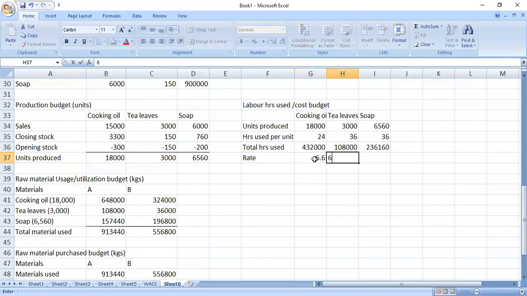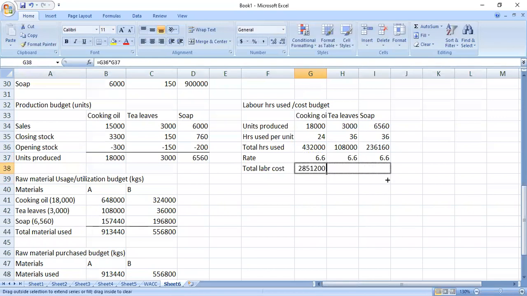Okay, so officially, total labor cost that you're incurring under cooking oil is the number of hours spent on cooking oil times the rate per hour. Okay, something for tea leaves and something for those others. Okay, that's how we get the labor budget.